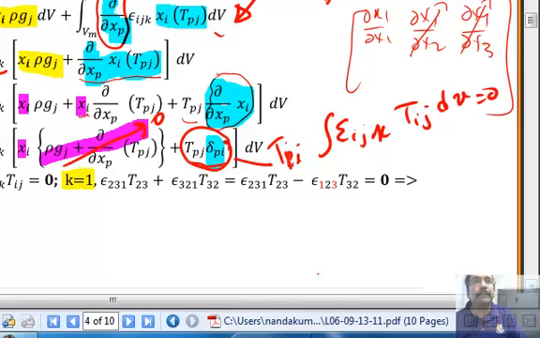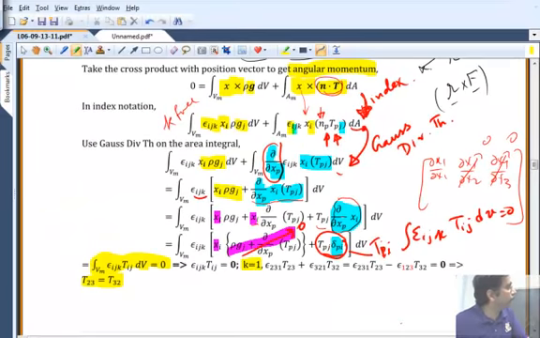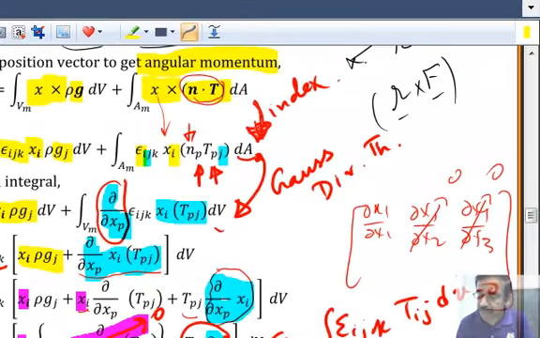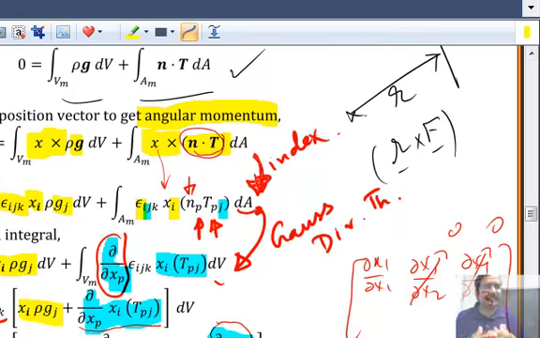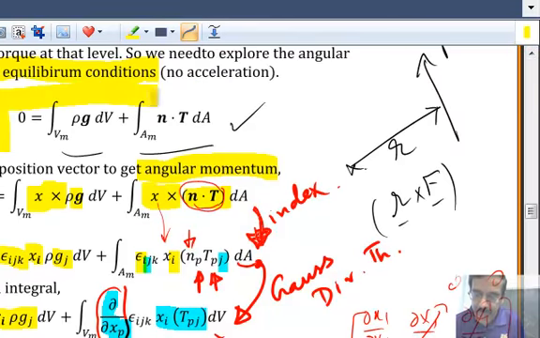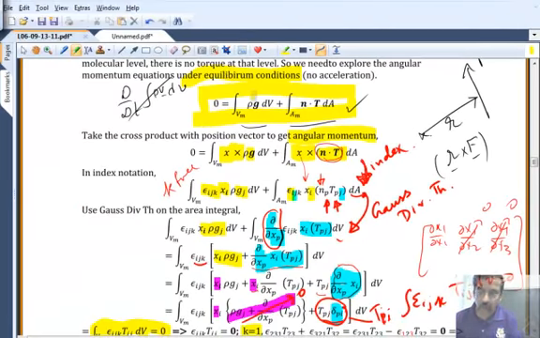Okay. What's the reason why rho gi goes to 0? Because that term, this is the same idea like we have when we see a continuity equation, we said the continuity equation is equal to 0, right? So in the same way, these terms are coming from this equation: rho g dV plus n dot t.